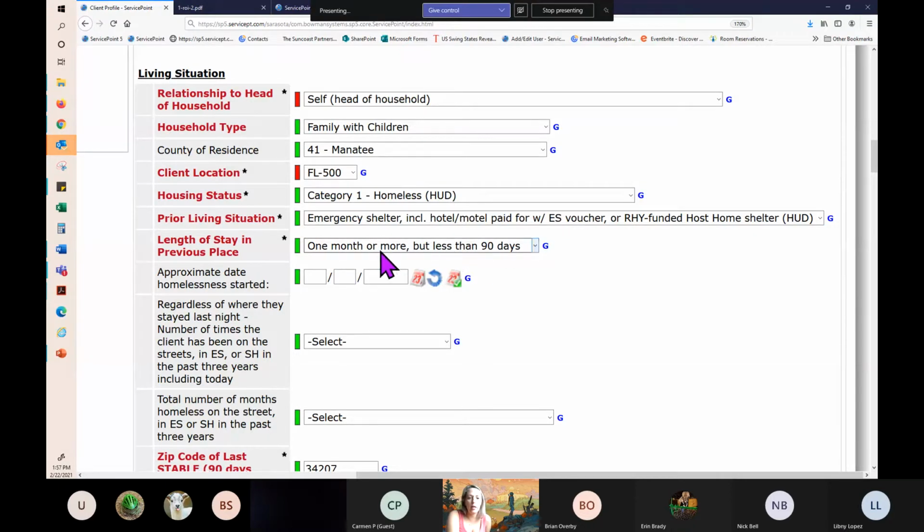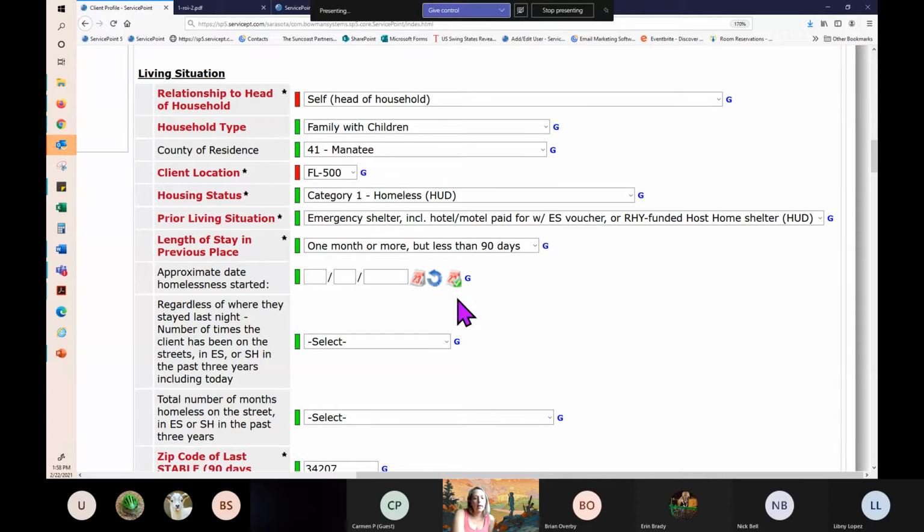From here, this is where we collect information on the client's history of homelessness and their approximate date homelessness started. So when we're interviewing the client, we're asking, when did this instance of homelessness begin? We know that the client has been staying in an emergency shelter for a month or more, but less than 90 days. We want to make sure that our data makes sense, right?